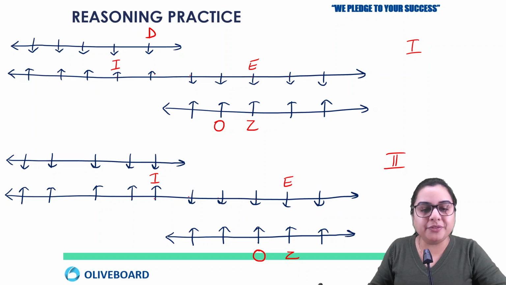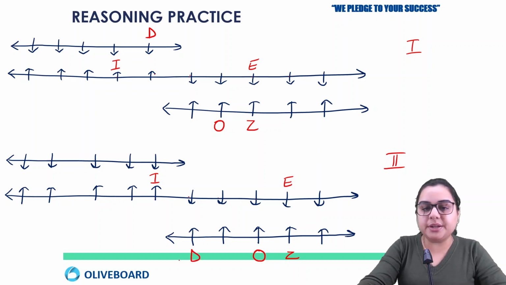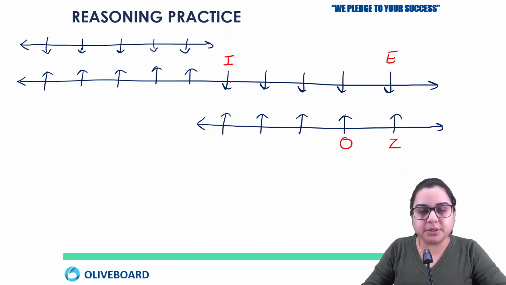In second possibility, D will come here. And in the third possibility, immediate right of I faces D. So immediate right of I, this person faces D. Okay, I hope this is clear.